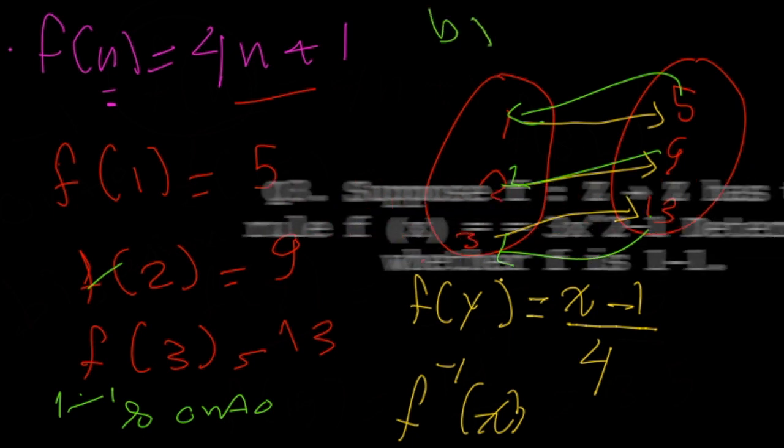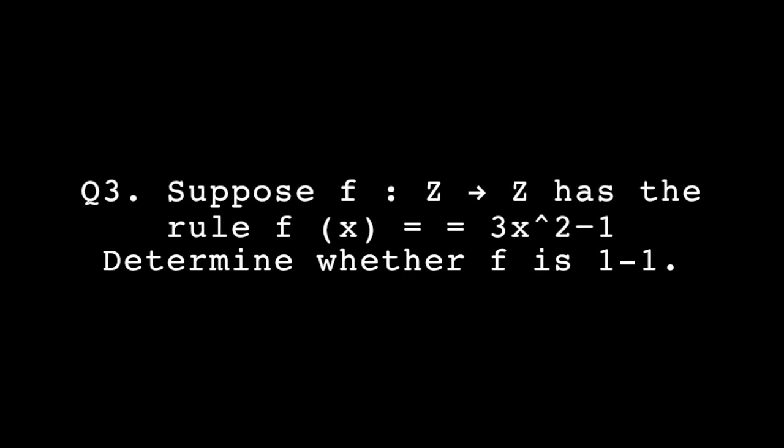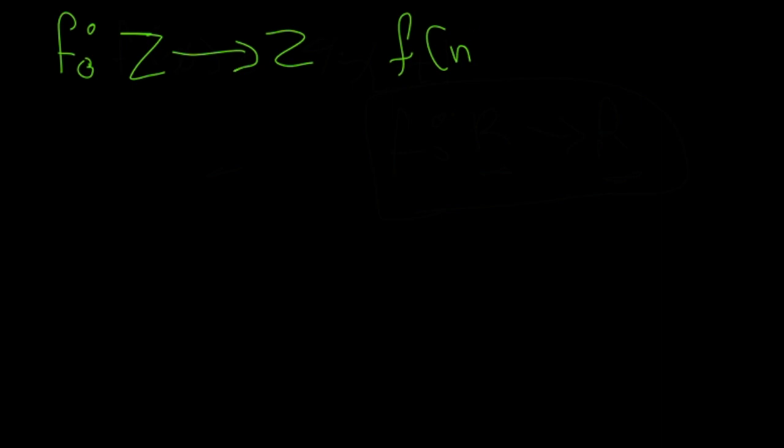Question number 3. In question number 3, I have a function, and this function is basically defined from Z to Z. Okay? And this function is defined as f of n equals 3n to the power 2 minus 1.